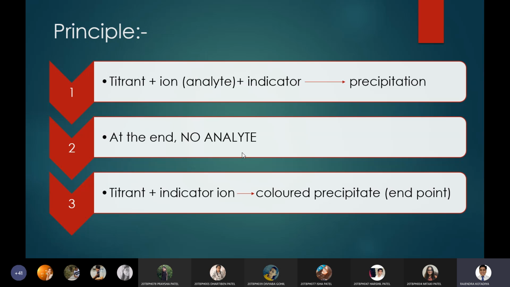So this is a common principle followed in precipitation titration. If you have any doubt you can ask, because this principle will be common for all precipitation titrations.